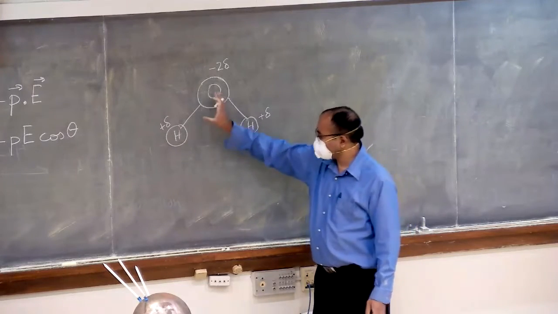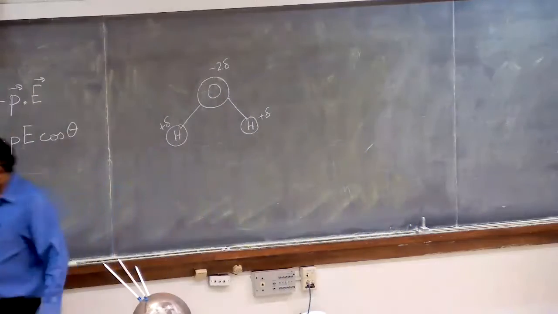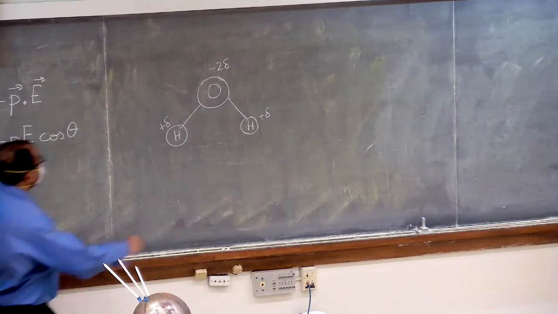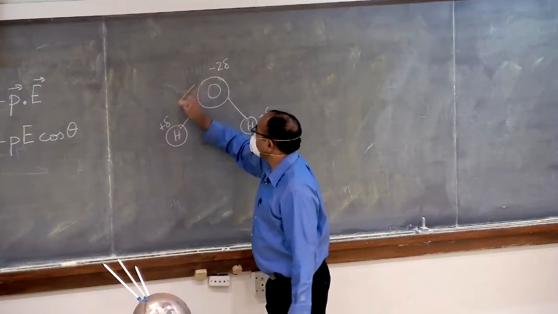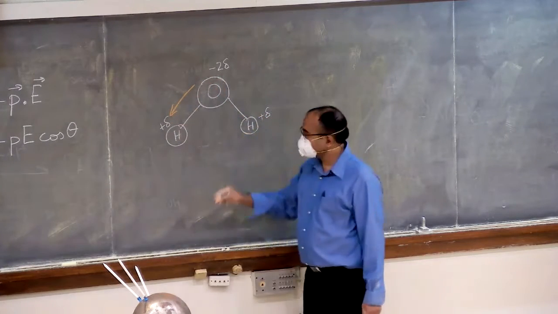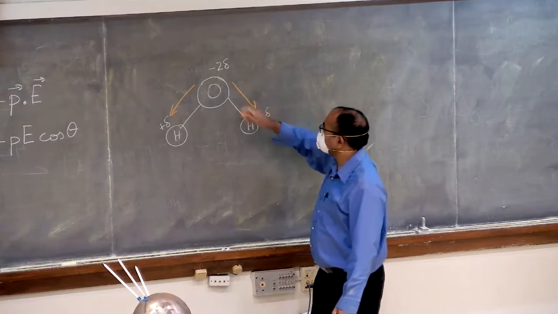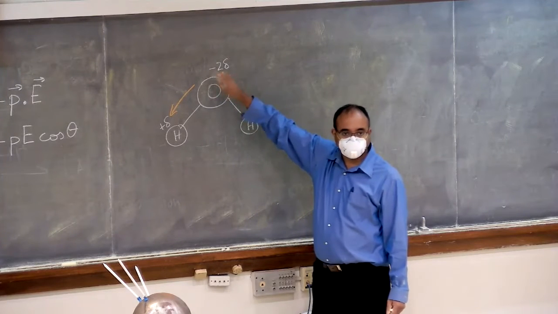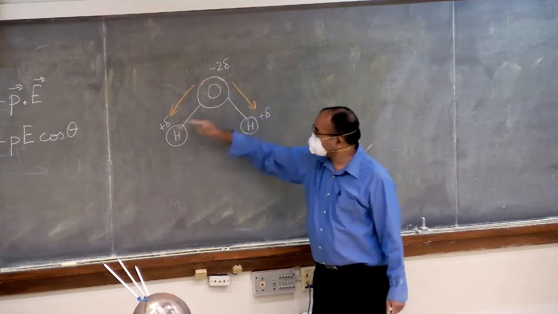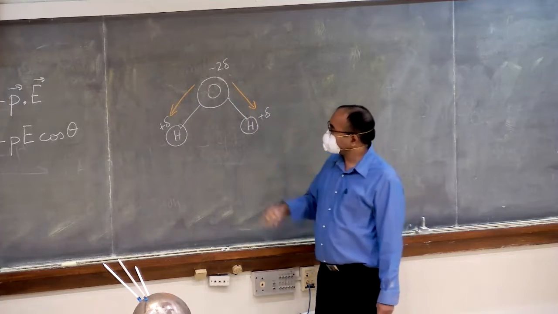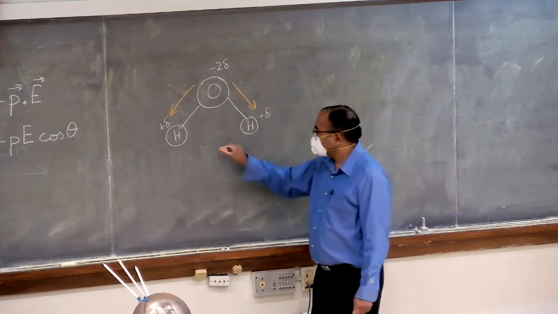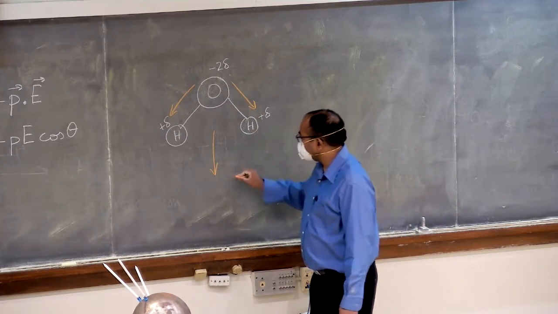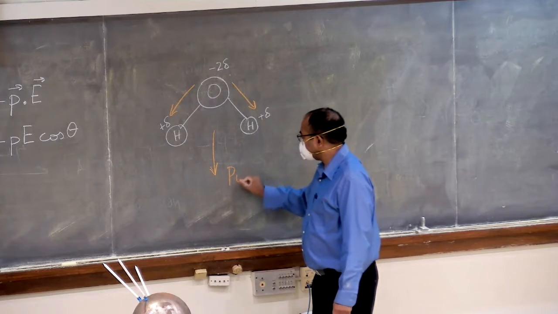We can break this up into two dipoles. There is one this way, negative to positive, and there's another one this way. So we break up this minus 2 delta into one minus delta and another minus delta. One dipole this way, one dipole this way, and as was said, they are vectors, so we can add them. And so we get the total dipole moment like this.